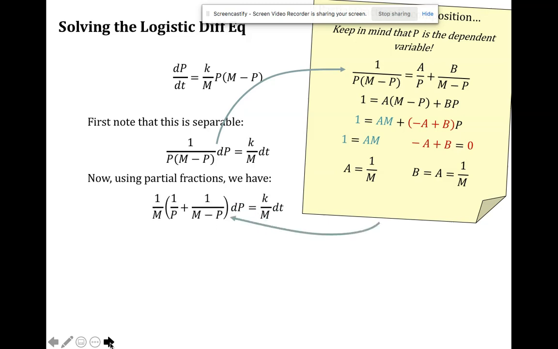Put it back into my differential equation, and then anti-differentiated both sides, and shocker, naturally out of this math comes ln, log base e. Using my rules of logs, I'm going to combine this. I'm also going to drop the absolute value because my carrying capacity is positive, my population is positive.